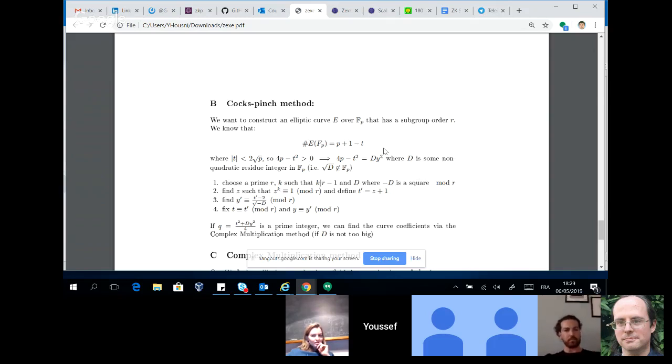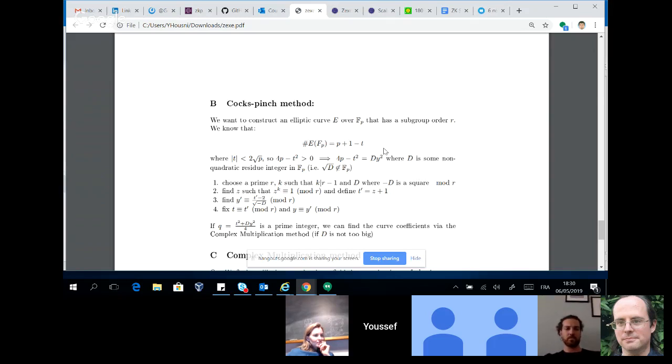If the quadratic equation has 0 solutions, or maybe 2 solutions, you will have p plus 1 plus or minus some of those. This is what we call the Frobenius trace, and there are many other ways to define it. But anyway, it is between -2 square root of p and 2 square root of p.